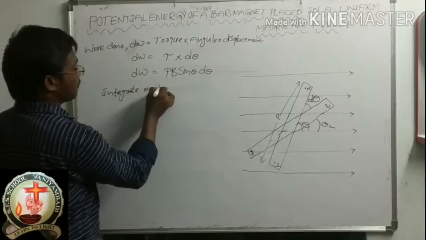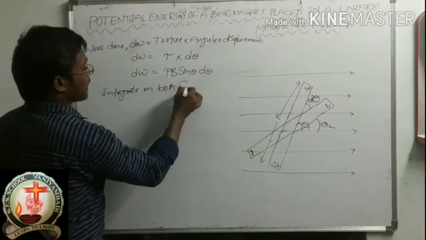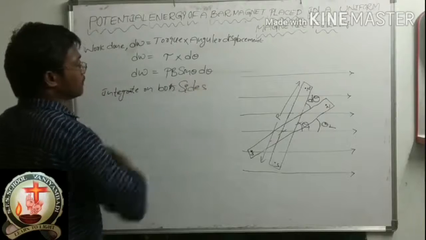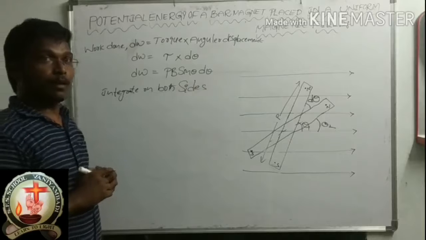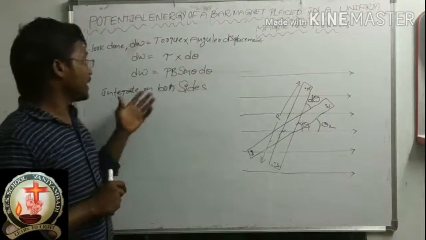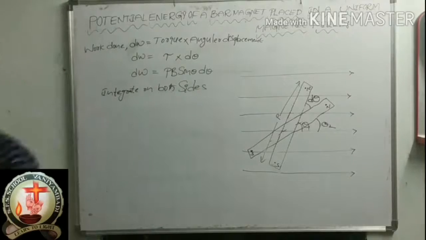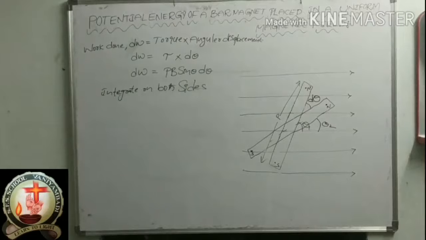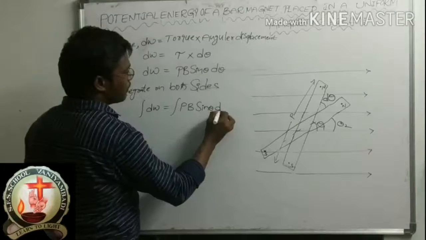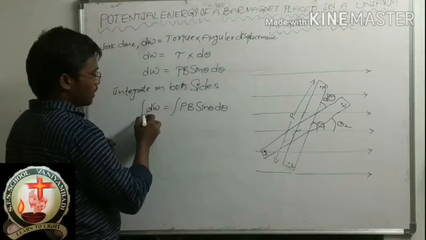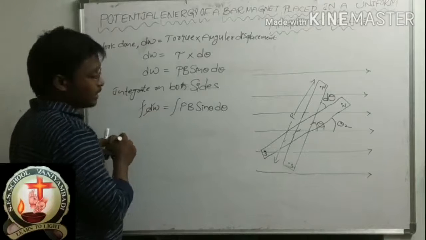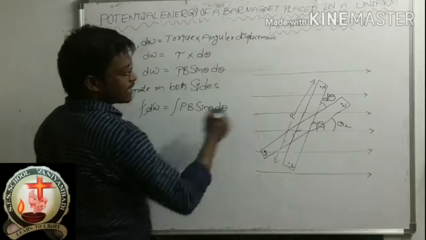Now we should integrate on both sides. d theta. Here the integral and d cancel, and what are the limits here?